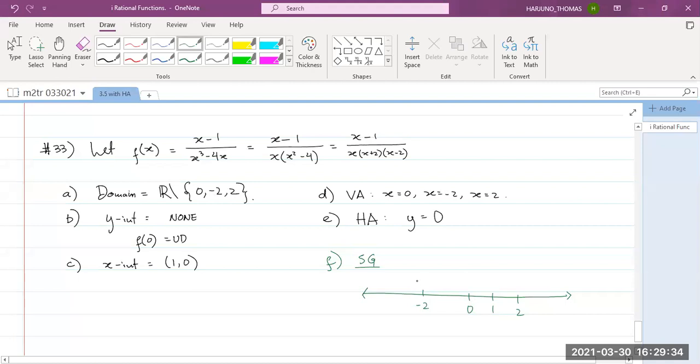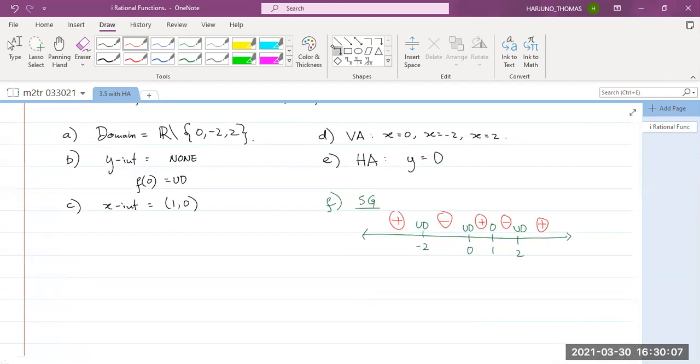Okay, vertical asymptotes and x-intercept here. The sign graph, this will be positive. You know what, I want to use red color. Now then, put them together. This will be the graph.